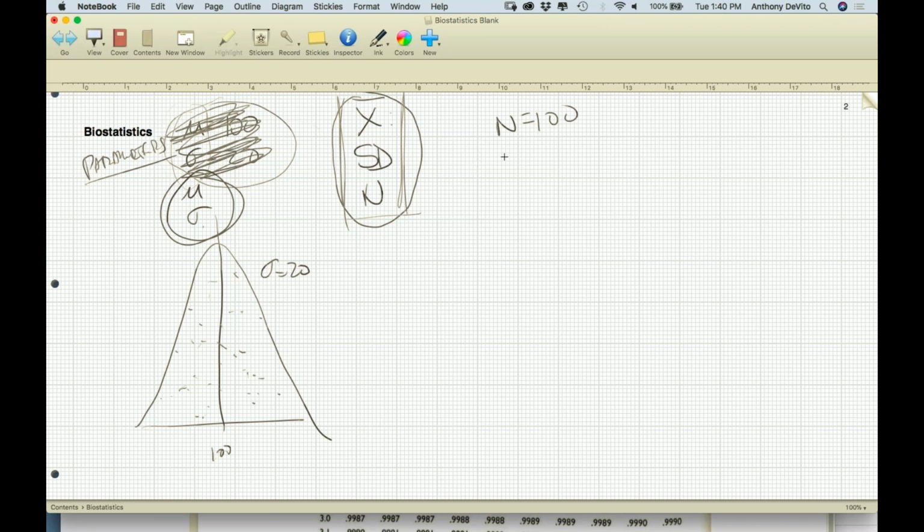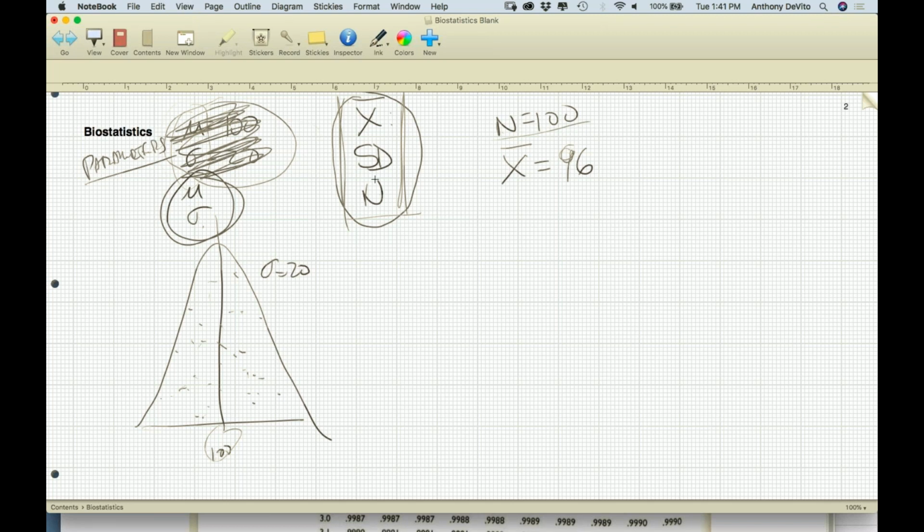If I calculate the average for that sample of 100 people, we secretly know the population mean is 100, but it would be very rare, very unusual for us to get lucky and get exactly the population mean. Maybe we'll get 102, maybe we'll get 98, maybe we'll get 99. I'm going to say, for argument's sake, our sample mean was 96. We're pretty close to 100, but not exactly 100.